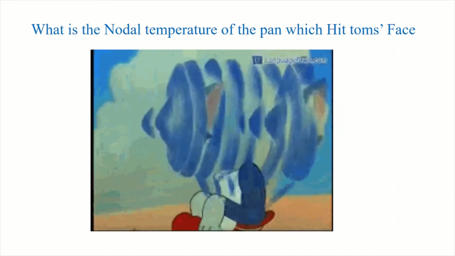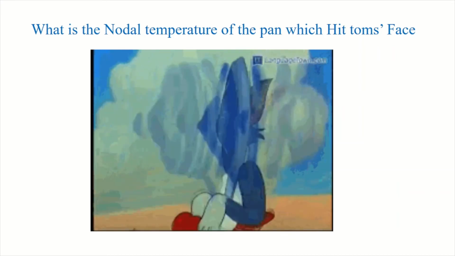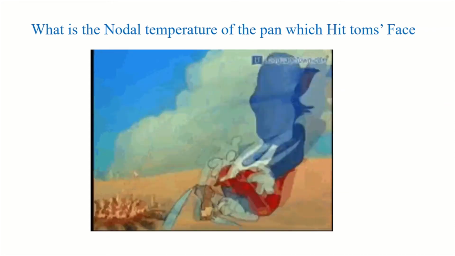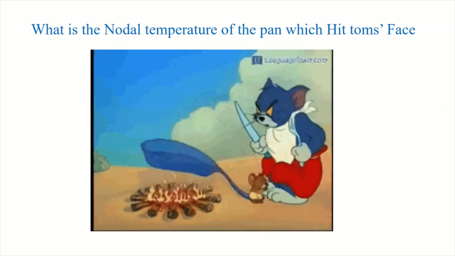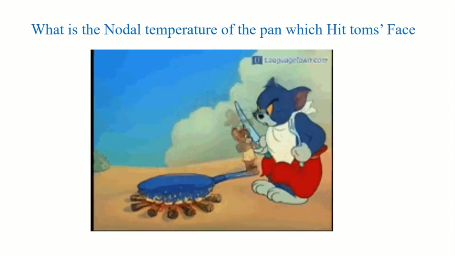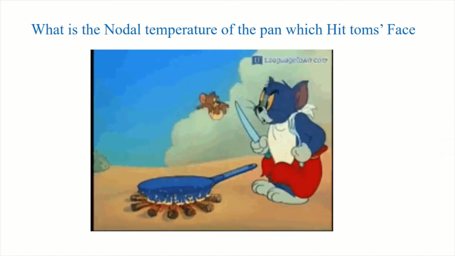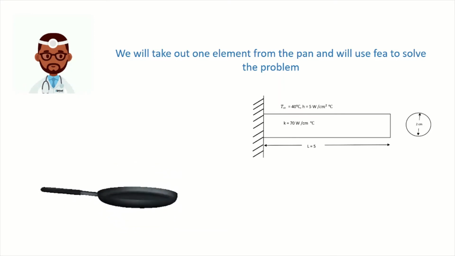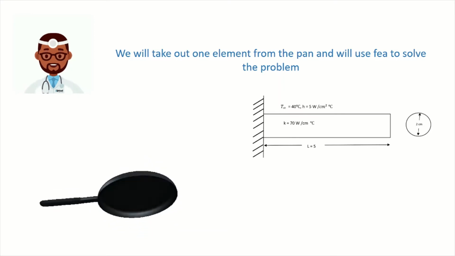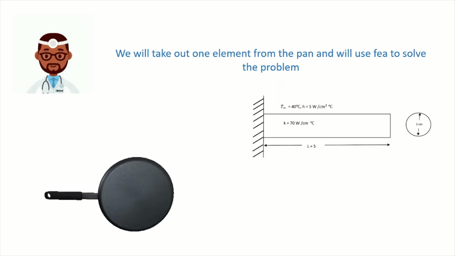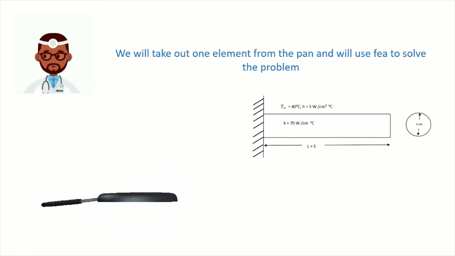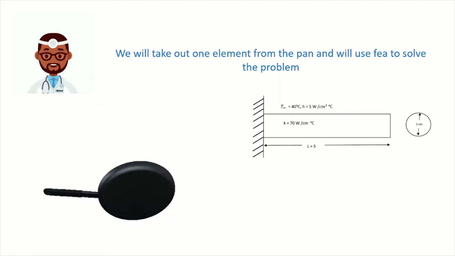So, what we will do today is that you can see Jerry jumped on a fry pan, and that fry pan hit Tom's face. So, we will try to analyze what was the temperature at which the pan hit Tom's face using finite element analysis.